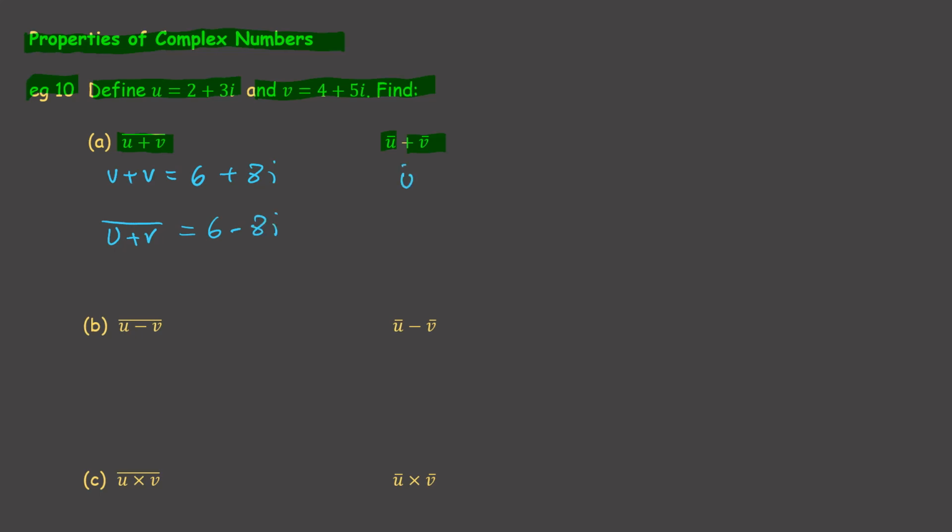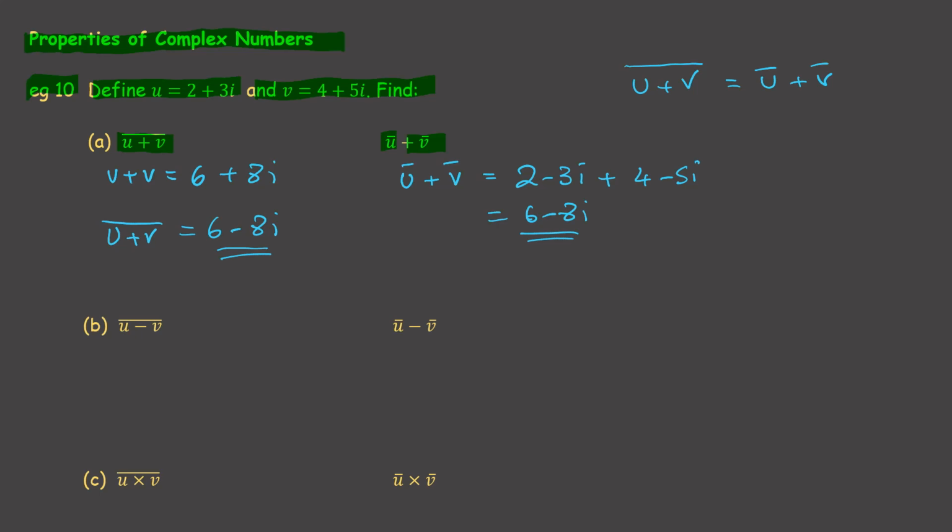If we do conjugate of u plus conjugate of v, that is going to be 2 minus 3i, and we're going to add to that 4 minus 5i, which is 6 minus 8i. I know it's only one example, but we might conclude that the conjugate of u plus v is equal to the conjugate of u plus the conjugate of v.